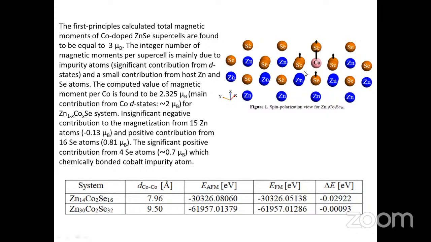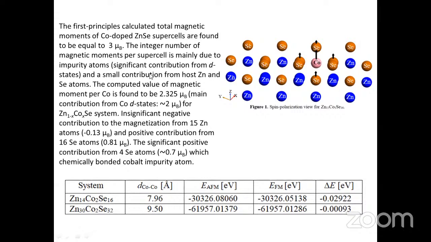In this figure, you can see the spin polarization view for the cobalt doped zinc selenide supercell system, and the black arrows show the magnetic moments.